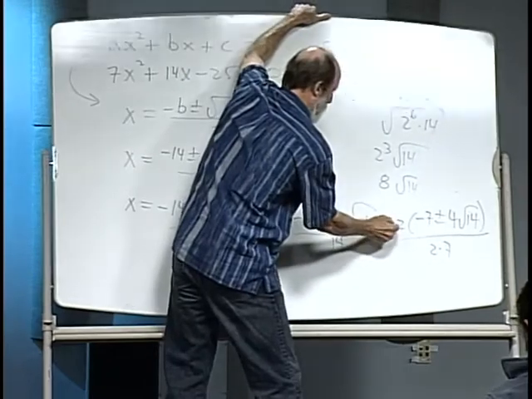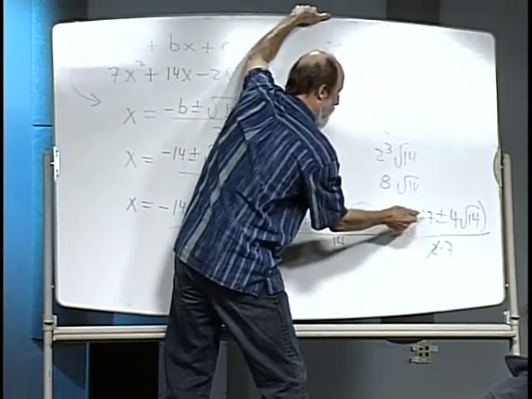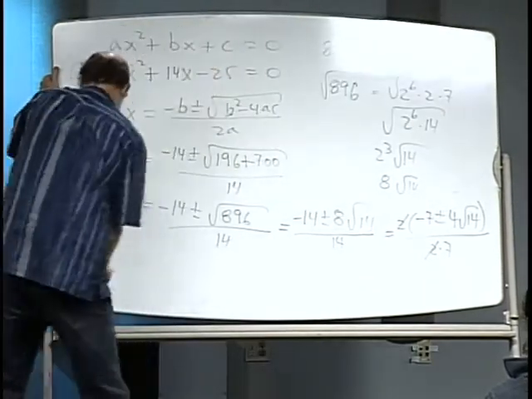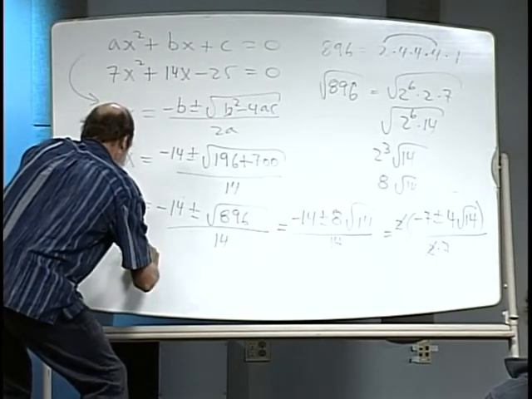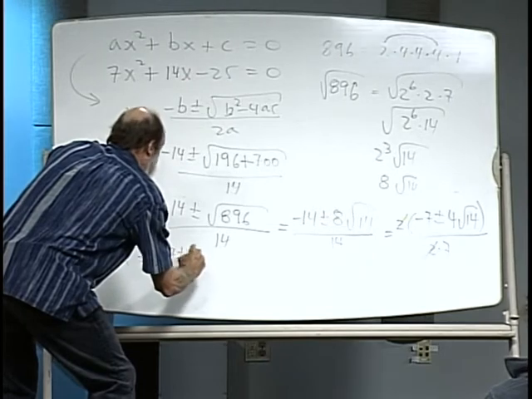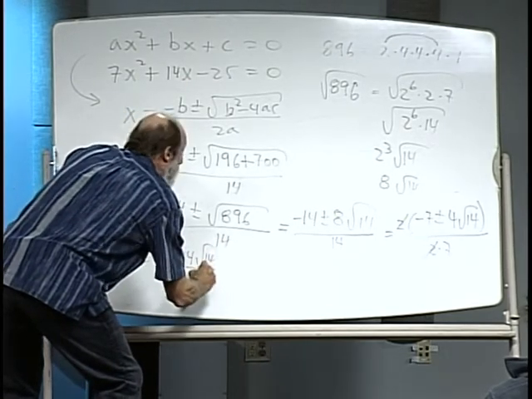So get it in this format and then reduce the 2's out of there, and then there is your answer. So let me go ahead and write that before this board collapses on me. So the exact answer then is -7 plus or minus 4 square root of 14 over 7.